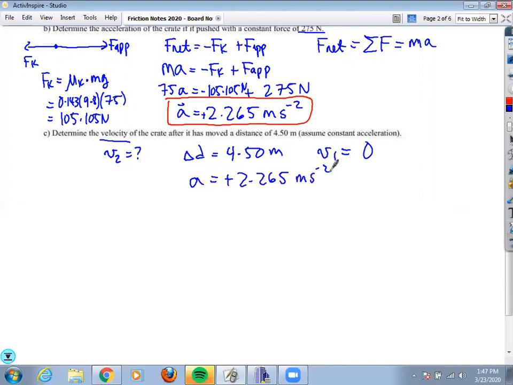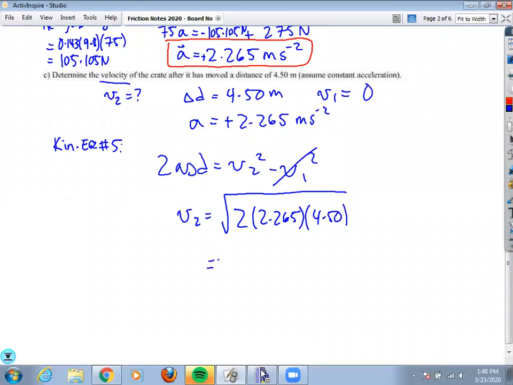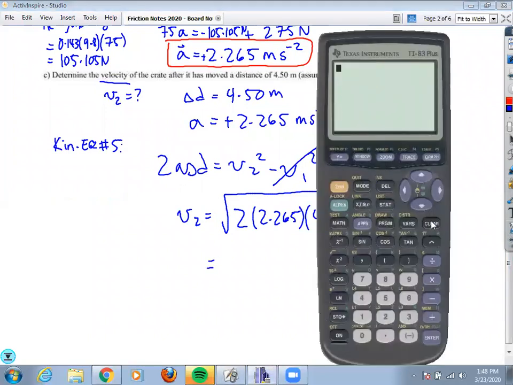And we want v2, so we will use kinematic equation number 5: 2a delta d equals v2 squared minus v1 squared. So v1 squared is 0, so v2 will equal the square root of 2a delta d.